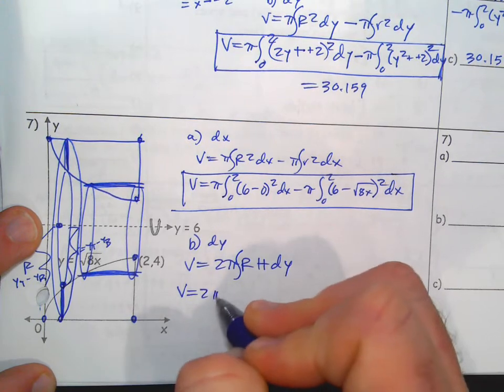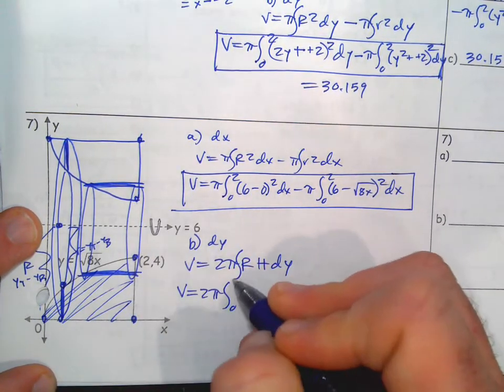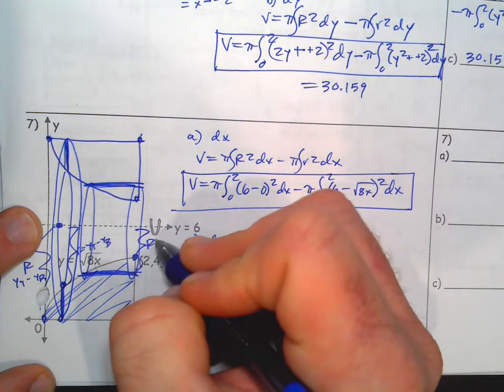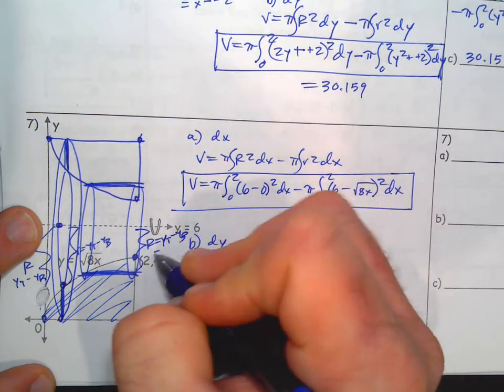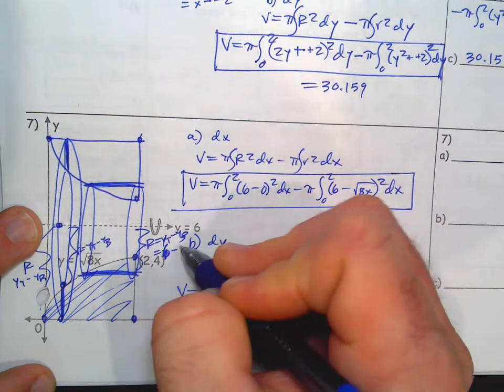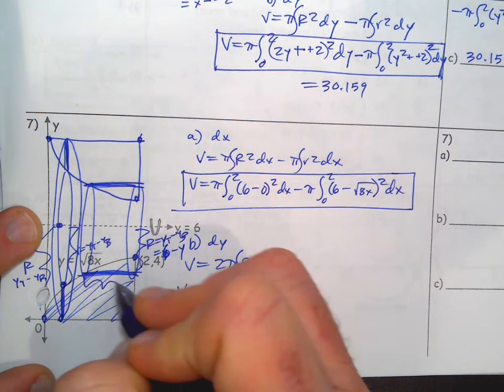The limits are going to be in the y direction on this original 0 to 4. The radius of a shell is going to be y top minus y bottom. No, it's going to be 6 minus whatever y value we're at. So it's going to be 6 minus y.